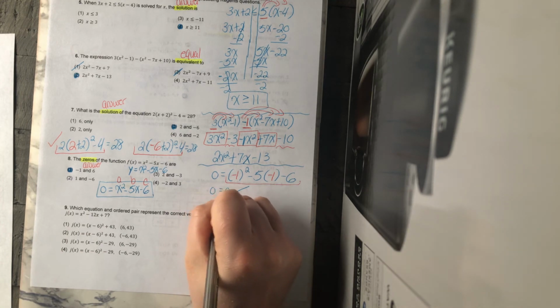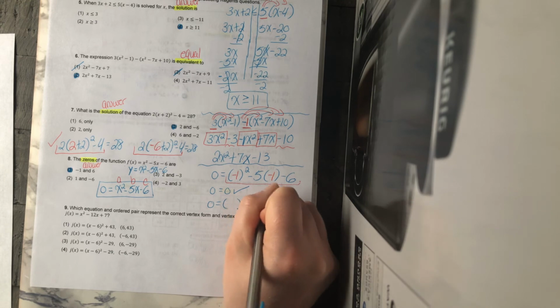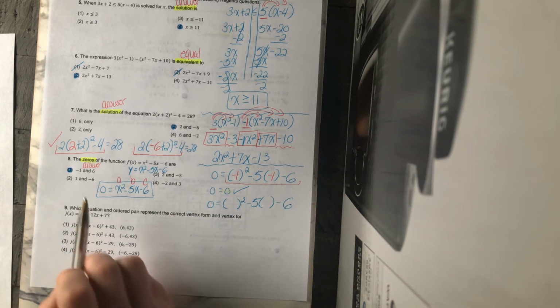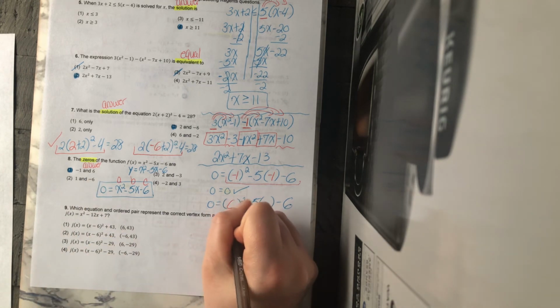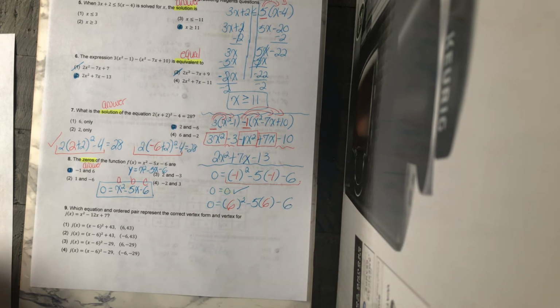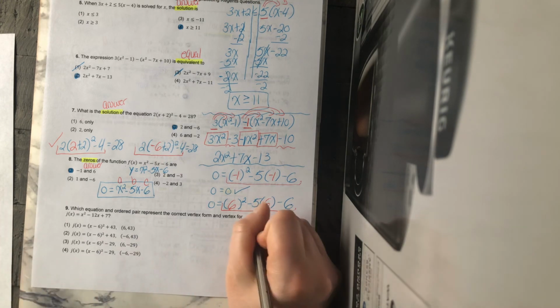So now 0 equals x squared minus 5x minus 6. And then again, I'm going to let x be the value 6 now. So it's 6 squared minus 5 times 6 minus 6. And when I type this whole thing in, you should be getting 0.